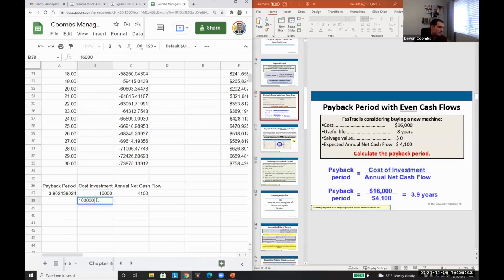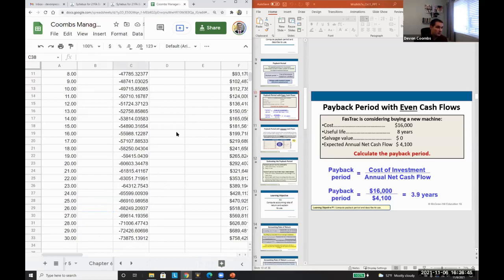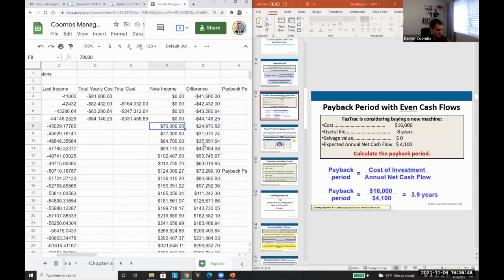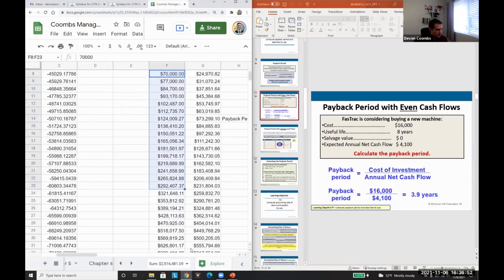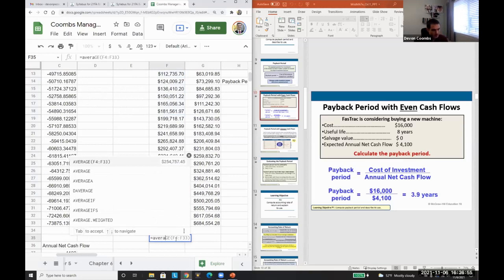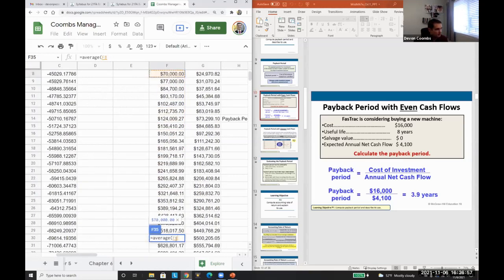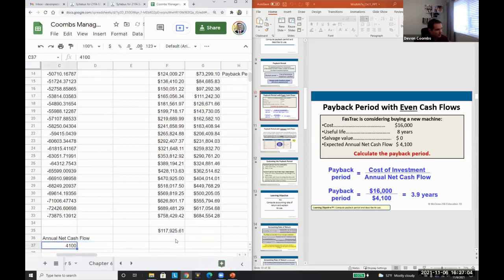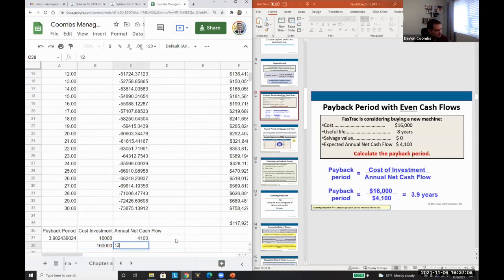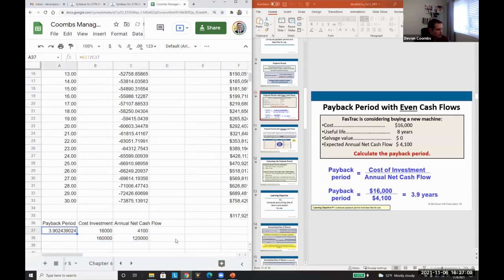And then our annual net cash flow, we'll take the average over the first 10 years, let's say 120,000. Payback period is going to be 1.3 years after the investment.